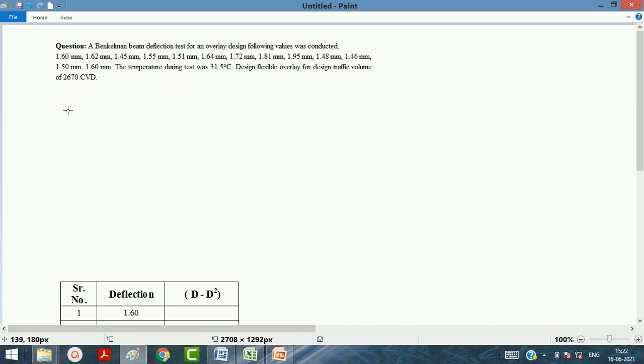The temperature during the test was 31.5 degrees Celsius. We have to calculate the flexible overlay for the design traffic volume of 2670 CVD. So basically we have to find out the thickness of the overlay.